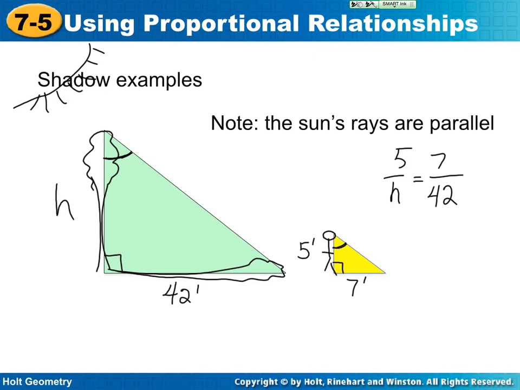Okay, now 5/7 and H/42 probably gives you the same answer, but look what you're comparing. Are you comparing similar triangles? If you compare 5 and 7, you're taking two sides of this triangle in comparison, which similarity compares one figure to the matching corresponding part in the other figure. So you're technically not following the theorem or the definition at all.